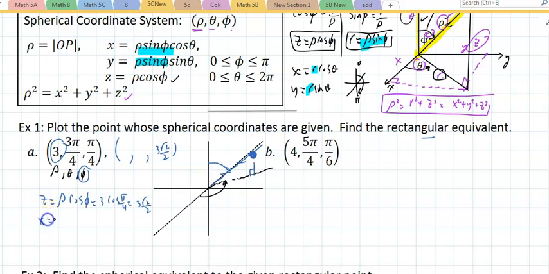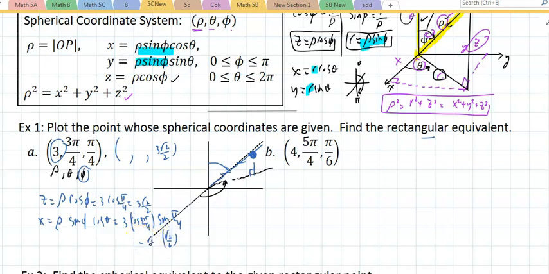And what is x? X is rho times the sine of phi cosine of theta. That would be rho, which is 3, cosine of theta, 3 pi over 4, times the sine of phi. Phi is pi over 4. So this is radical 2 over 2.